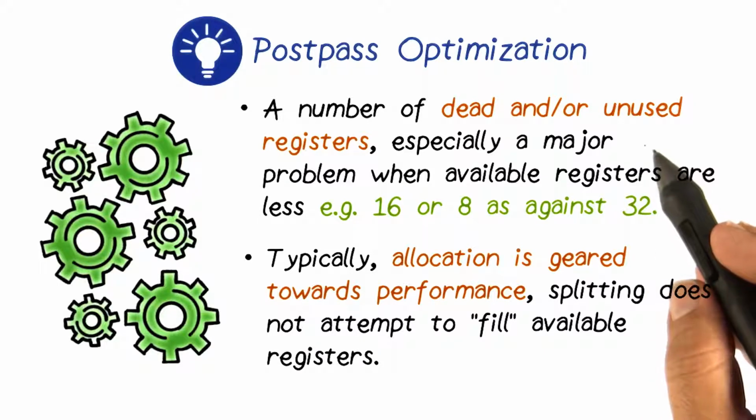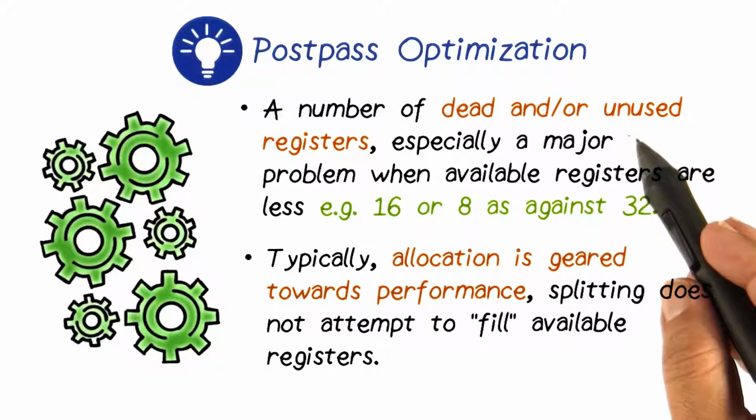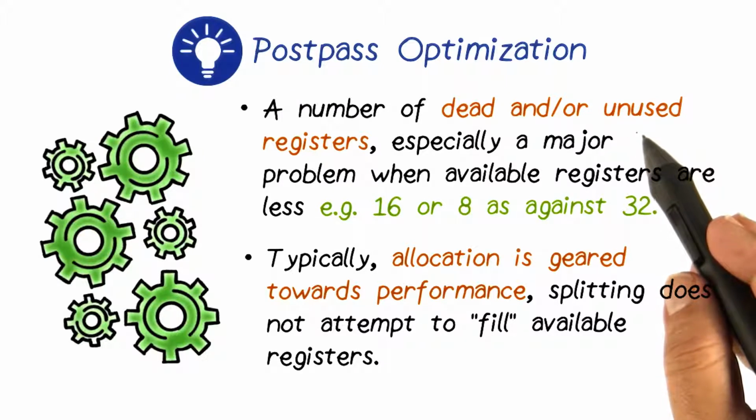A dead register is one which has already been given to a live range, the live range has ended, and now another live range is assigned into that register further down in the control flow graph. So in other words, a dead register does not carry a value between the last use point of the previous range and the first definition point of the ensuing range.